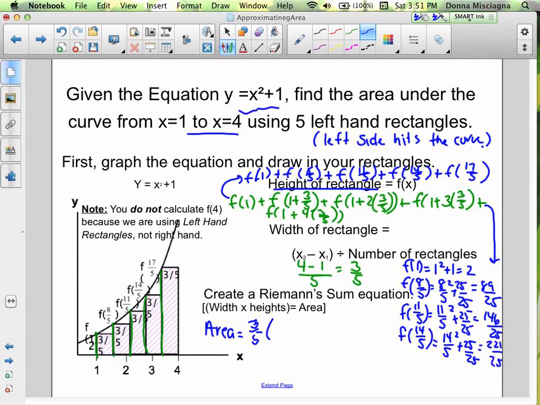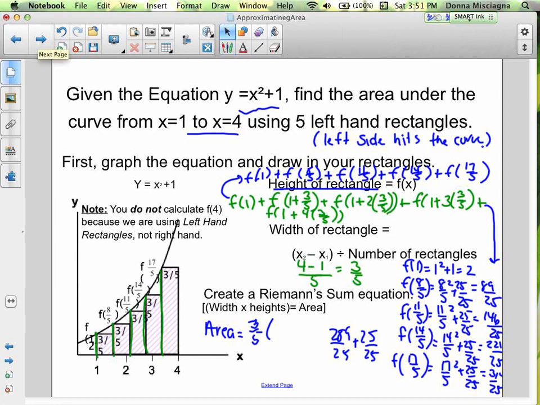And the last one there, f of 17/5. So we have 17/5 squared plus 25/25. So that's going to be 289/25 plus 25/25, which is 314/25.